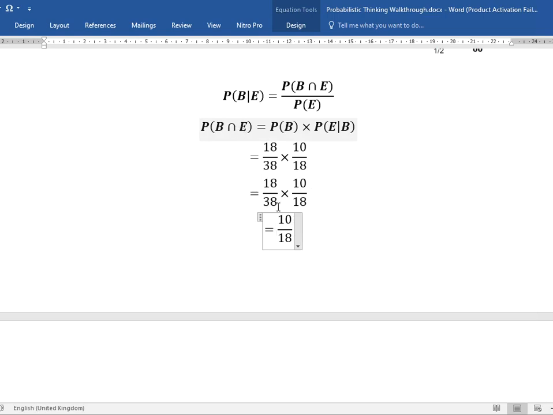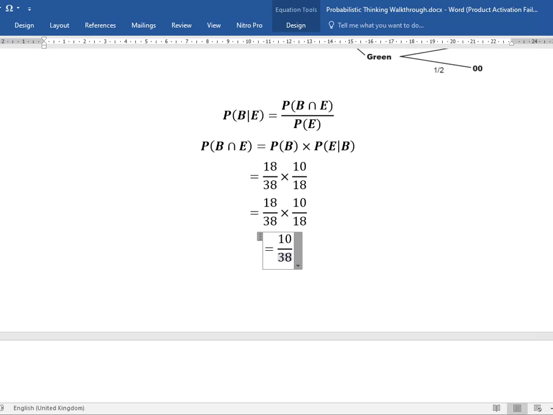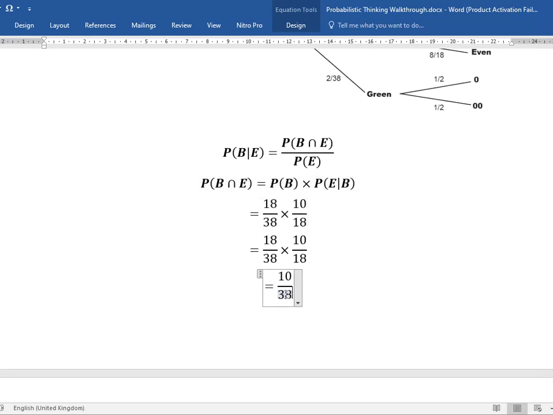We knew that there were 10 possible areas of intersection. So when you divide that by 38, the probability of that intersection is 10/38. Of course, you can reduce this to lowest terms, but I won't reduce yet because we're still working with all these details.